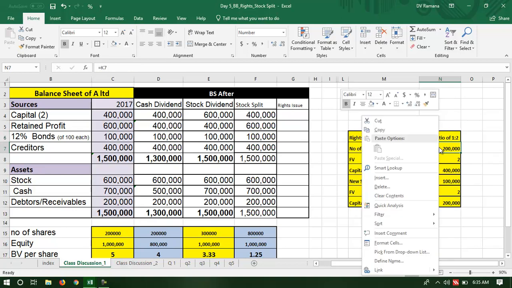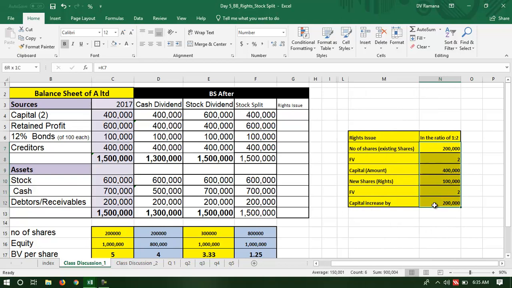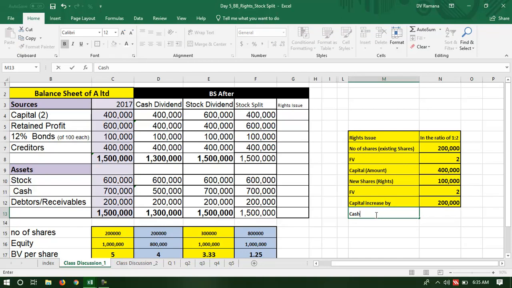So since there are 200,000 shares, the new shares issued is 100,000. Okay? And the face value of the shares remains the same. So the capital will increase by 200,000 and cash will increase by 200,000, because the shareholders buy the shares by giving cash.